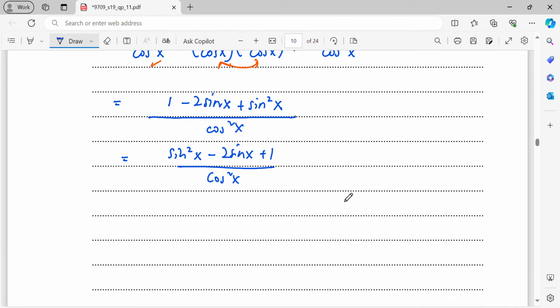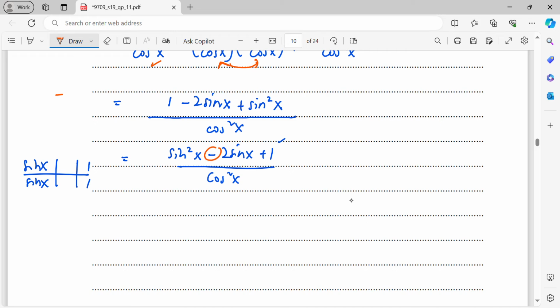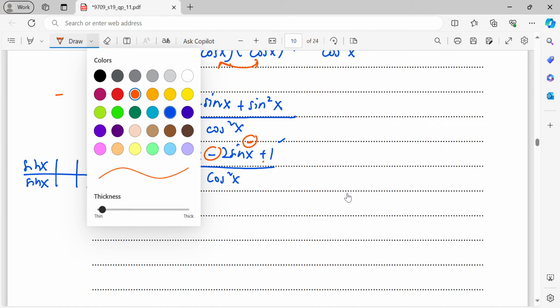Alright, so now you can just factorize this. Sine square x means sine x times sine x. And then here is 1, so 1 times 1. And for the sine, here is minus, must multiply with minus to get the plus. Both are minus.